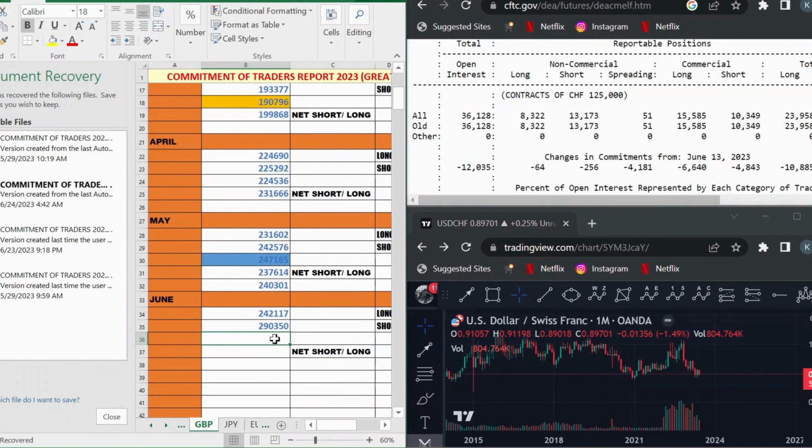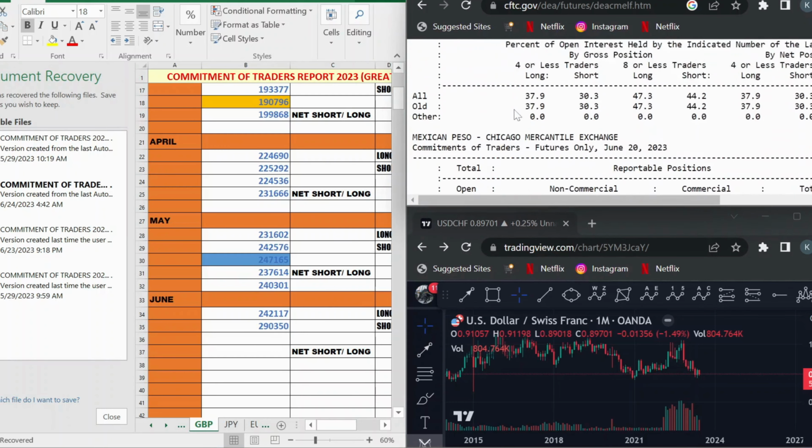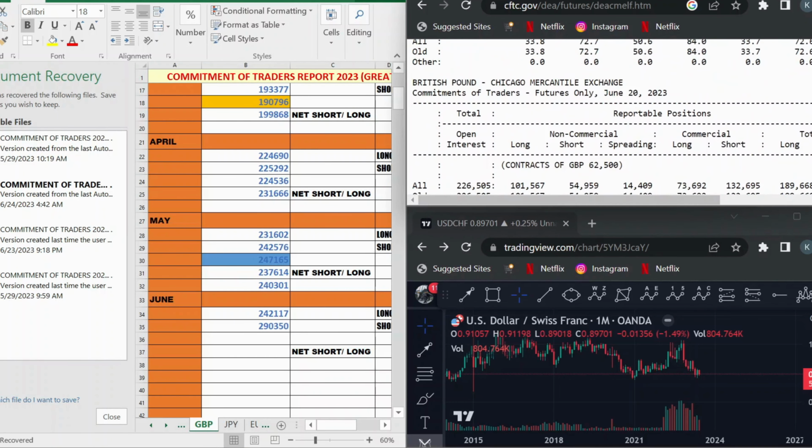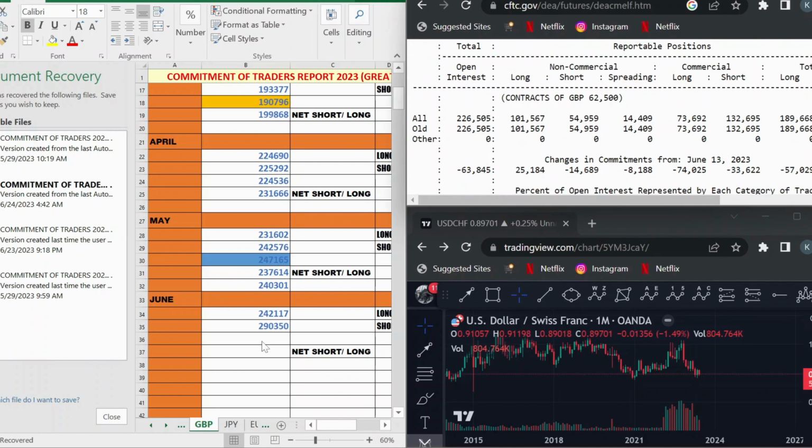So the open interest is relatively high, 226,505. A slight decrease from the last weekly open interest.